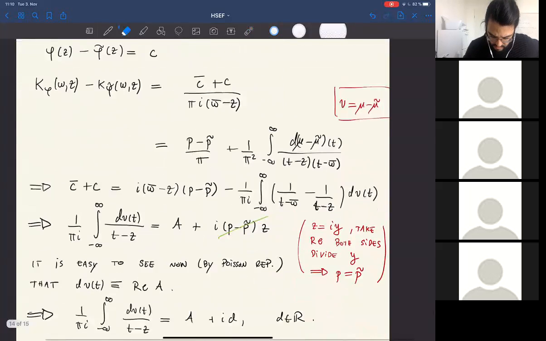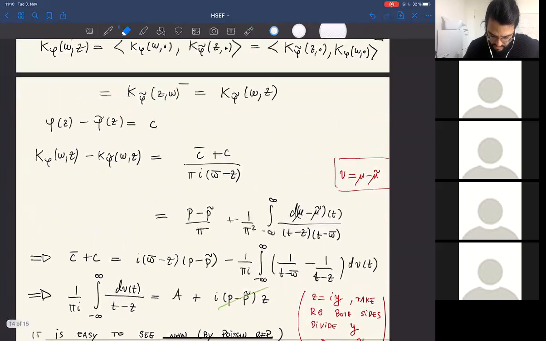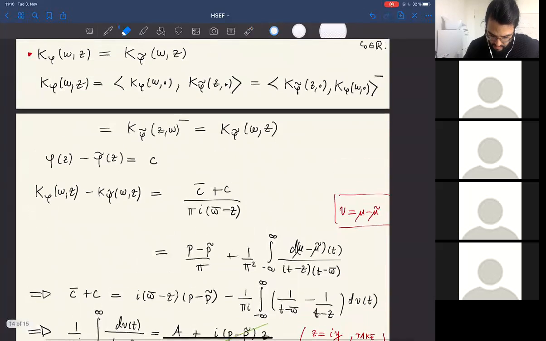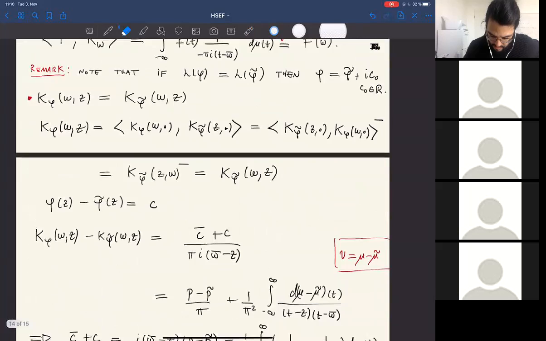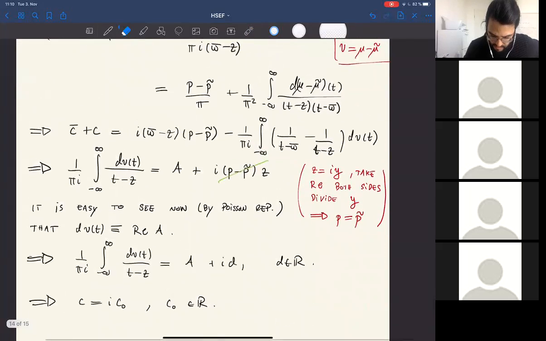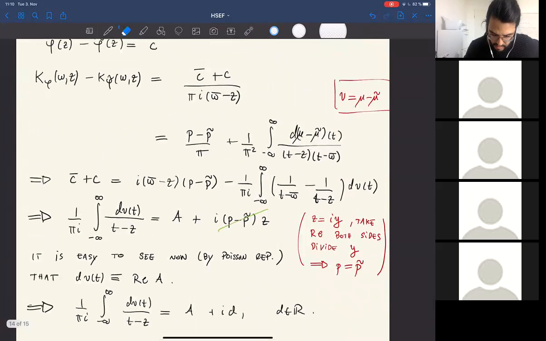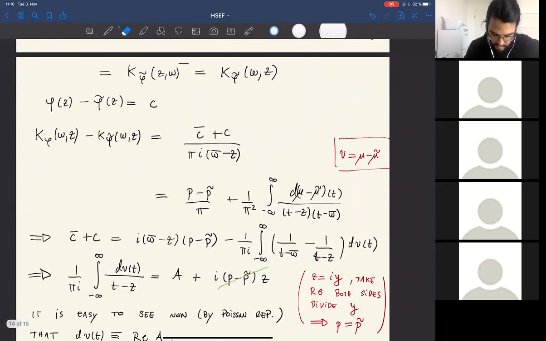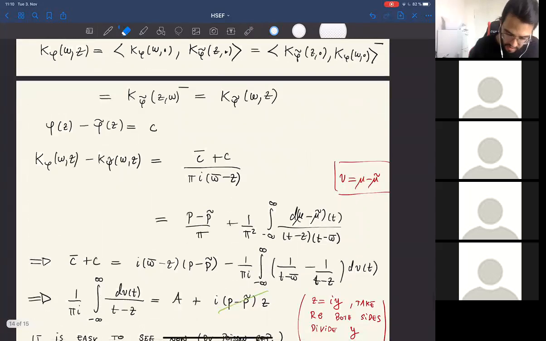Wait, what's the important thing? We already know that the difference is a constant.